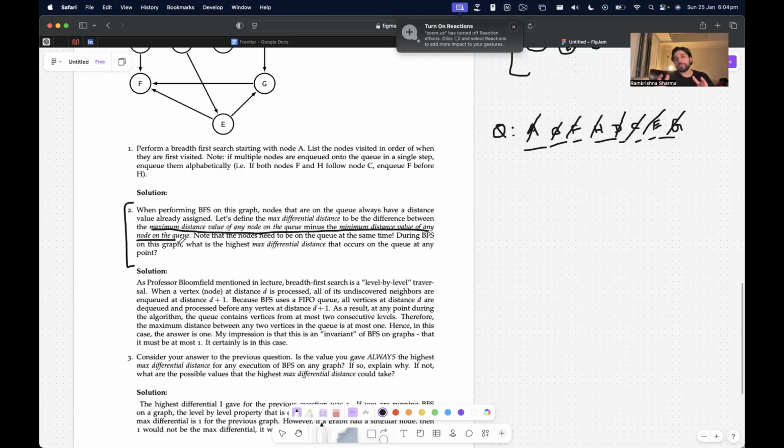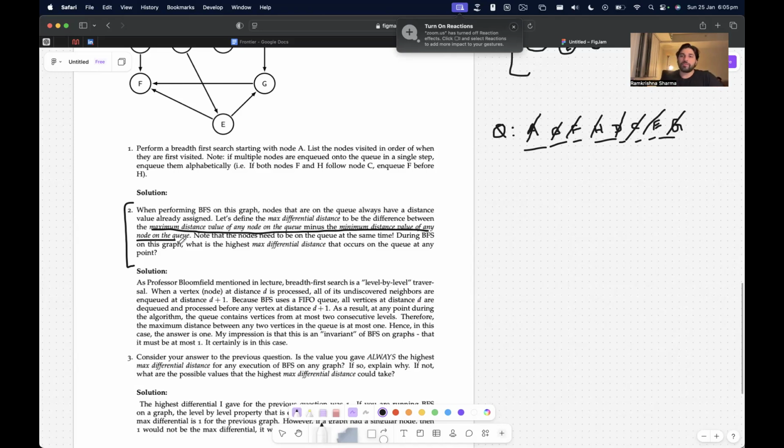While the queue is in processing, you take the minimum distance the queue has at the moment and the maximum distance the queue has at the moment, subtract the min from the max, and see what number is produced. Of everything you could do that with, what is the maximum yielded from that process?